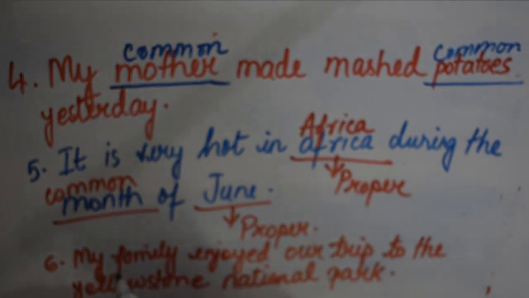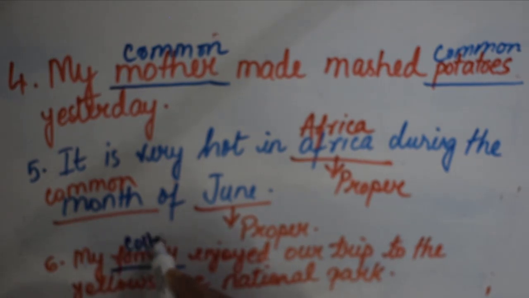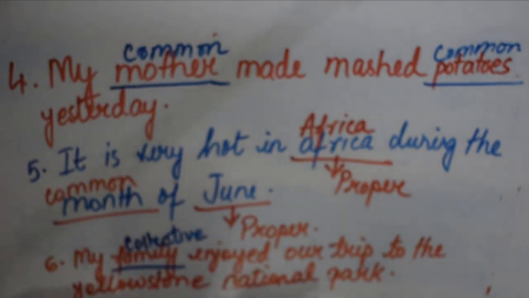Family. The word family is a collective noun. Always remember the word family is a collective noun and not a common noun, because together with your father, mother, grandfather, grandmother, uncle, aunt, your sisters, brothers, you make up a family, right?